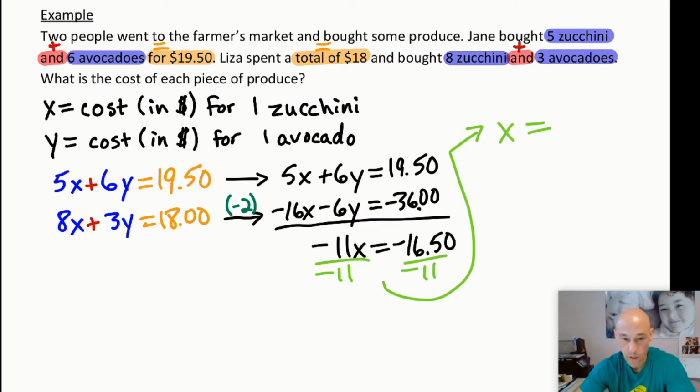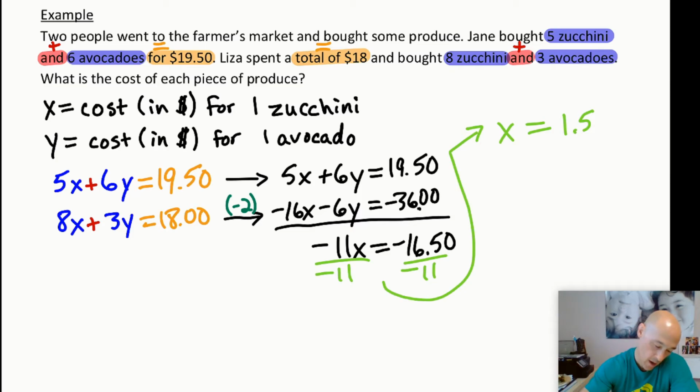equal to, and I'm going to use my calculator here real quick, and I don't want to make an error on this, so negative 16.5 divided by negative 11, and the result will be 1.5, so 1.5.